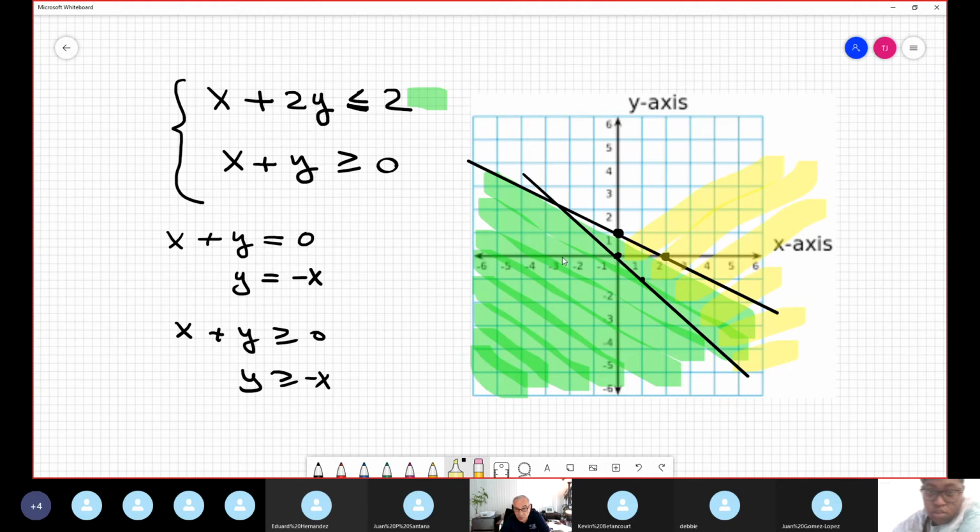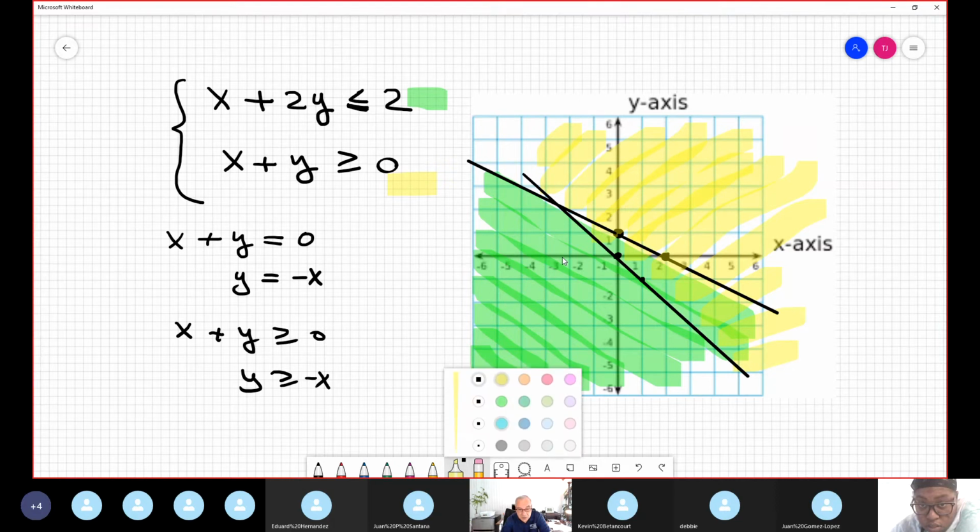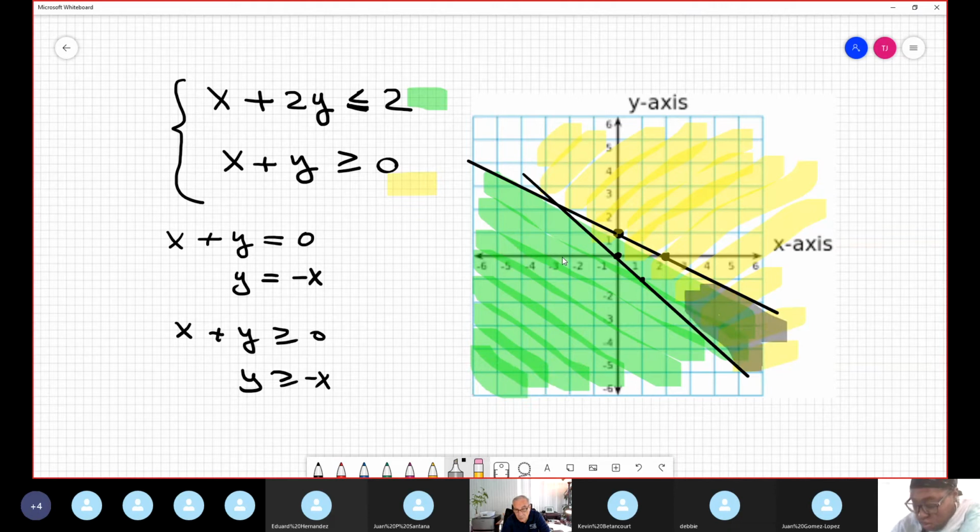It's obvious that the intersection between yellow and green is this region, I guess. A little bit here. Wow, too much. Okay.